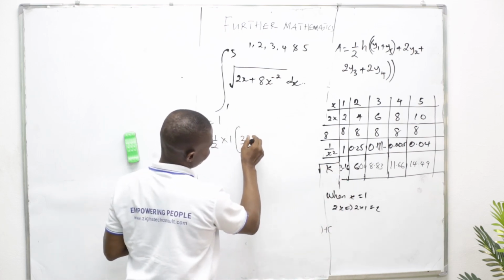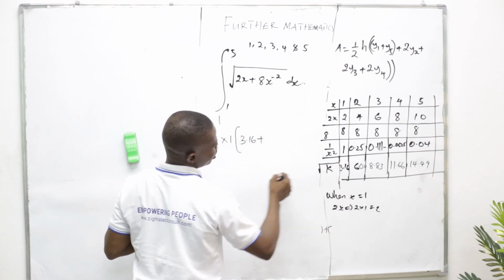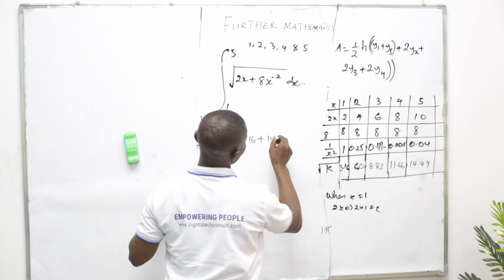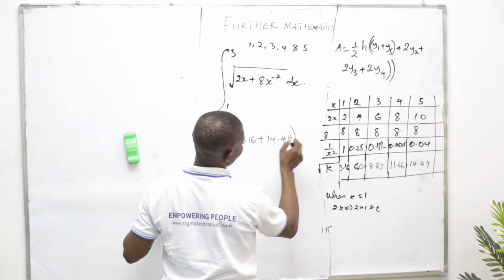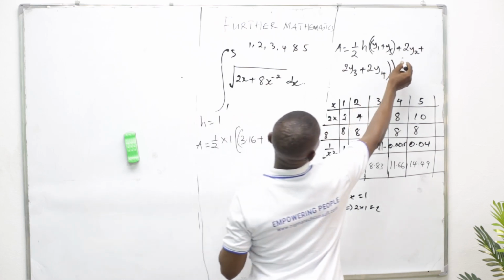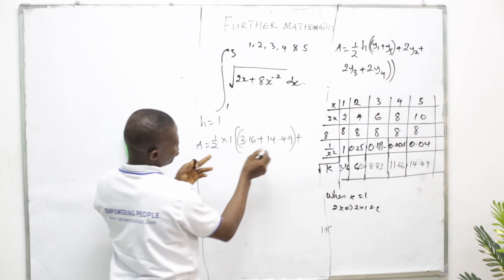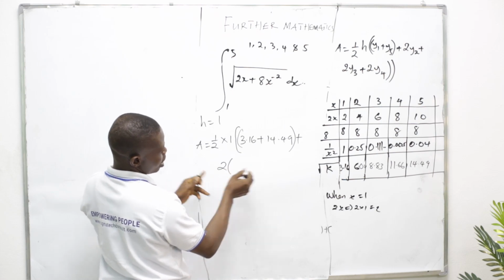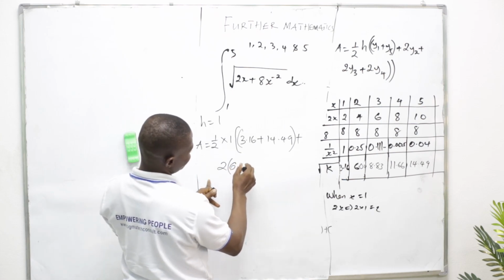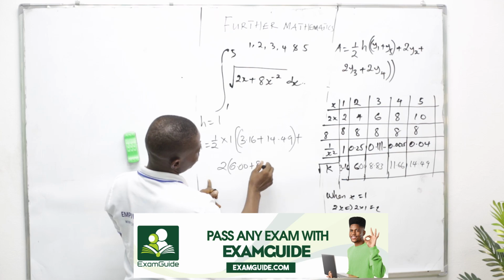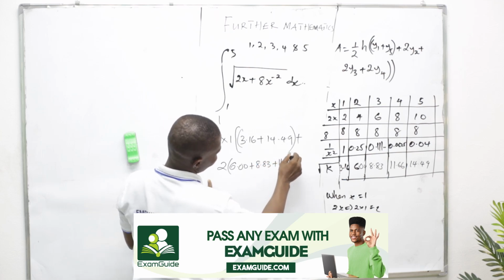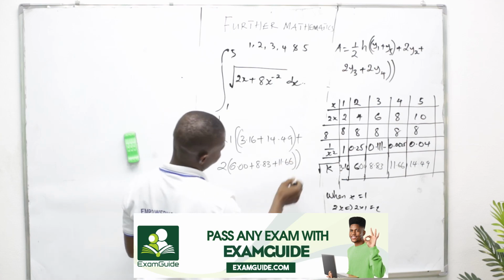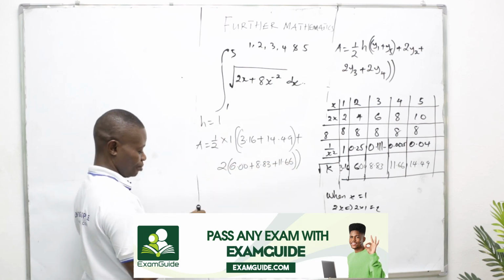I write 3.16 plus the last one, 14.49, okay? Plus, if you watch, 2 is uniform. I will now say plus 2 bracket 6.00 plus 8.83 plus 11.66, because I wouldn't want to waste our time here.